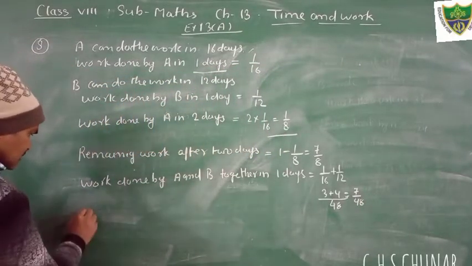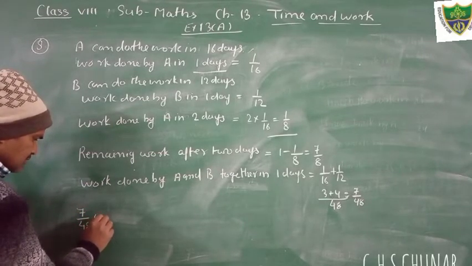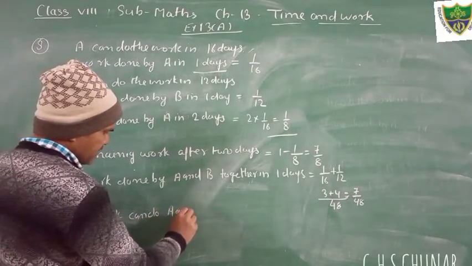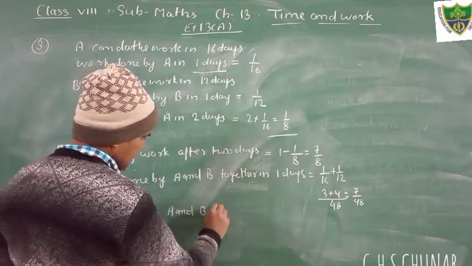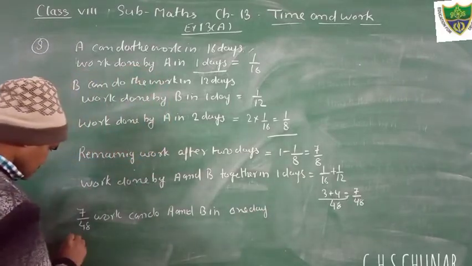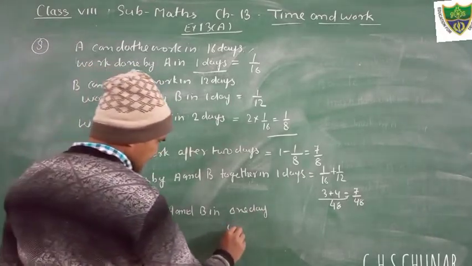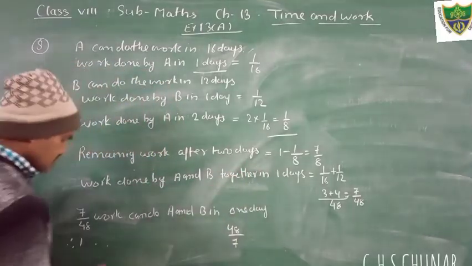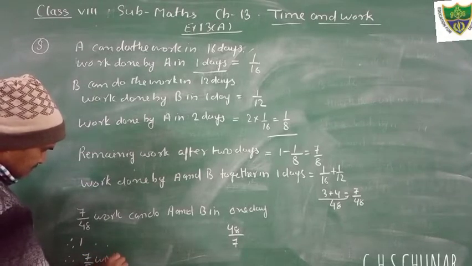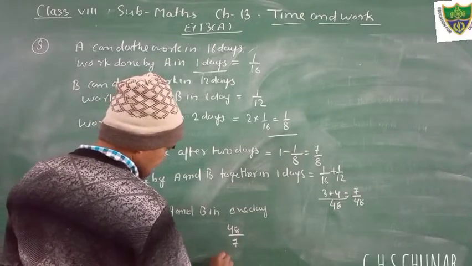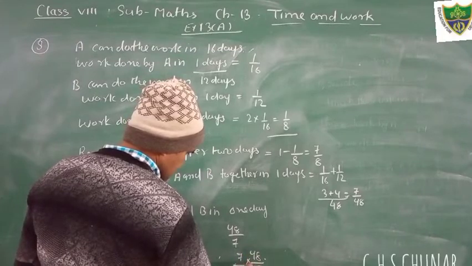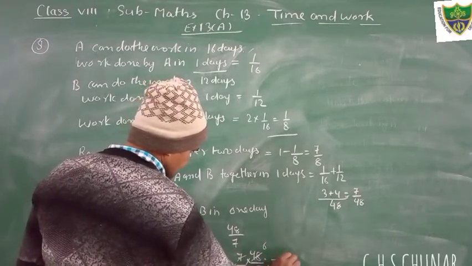Now 7 upon 48 work can be done by A and B in 1 day. So one work takes 48 upon 7. So 7 upon 8 work takes 48 upon 7 into 7 upon 8, that is 6.